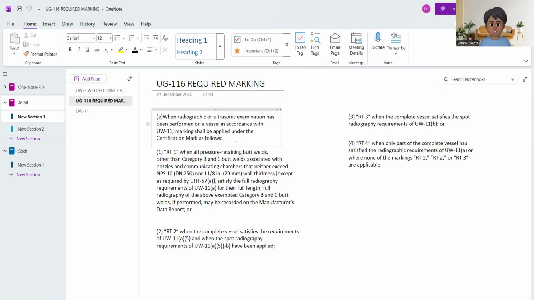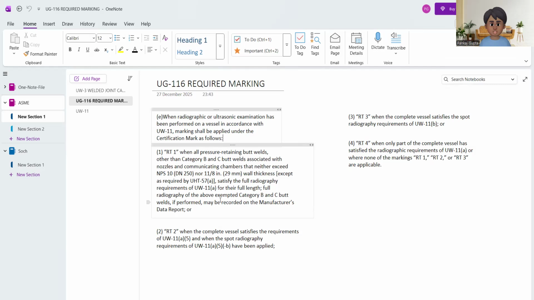Based on that only, we find out how much radiography will be there and what the marking will be on the nameplate. Usually this information you will find on the nameplate as well as in the GA drawing, in the design data section. So first of all, we'll go with RT1.